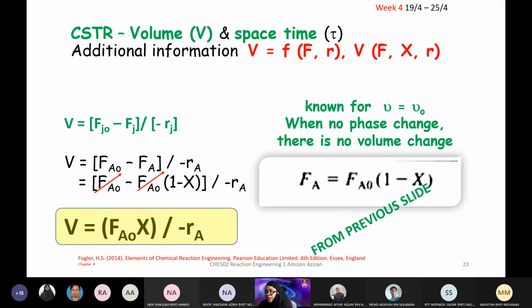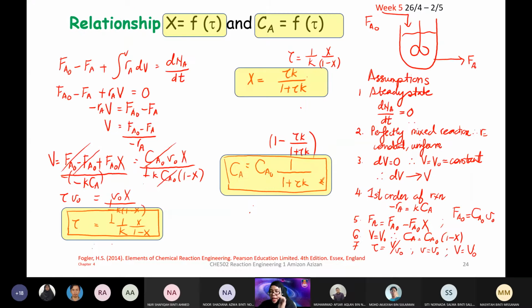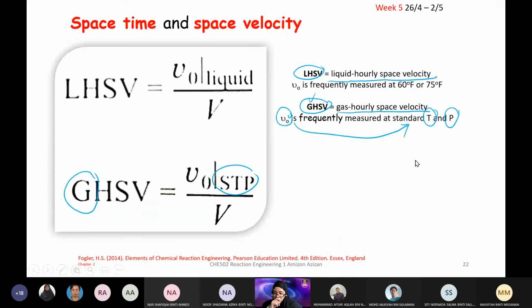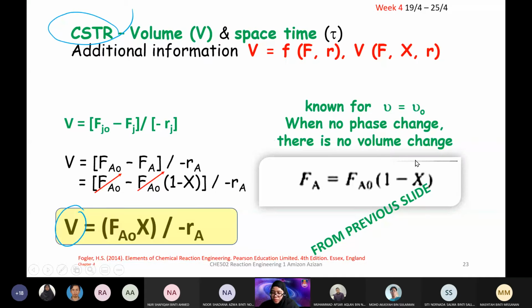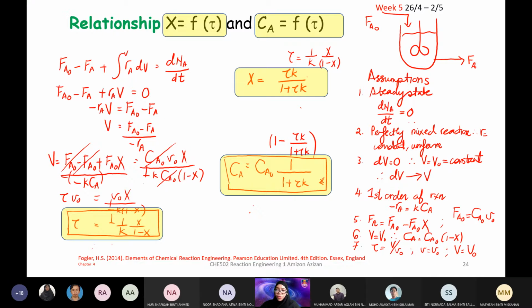This is what you have seen earlier, the simple volume formula for the CSTR. The volume for the CSTR depends on FA0, the conversion, and the rate of disappearance of A.